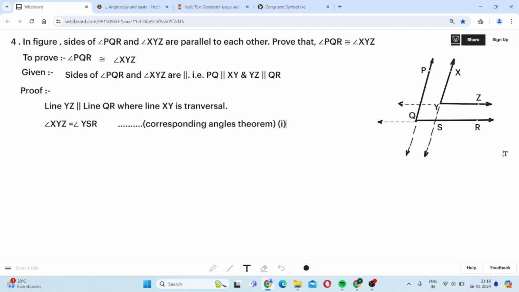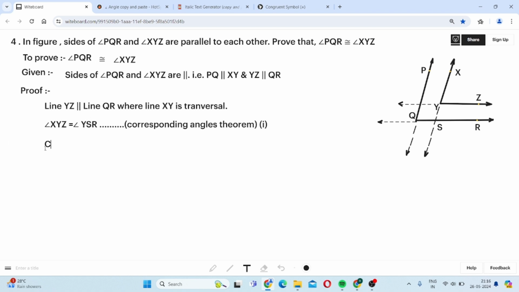Now, considering the lines XS and PQ as parallel and considering RS as a transversal, we can see that angle YSR should be congruent to angle PQR.